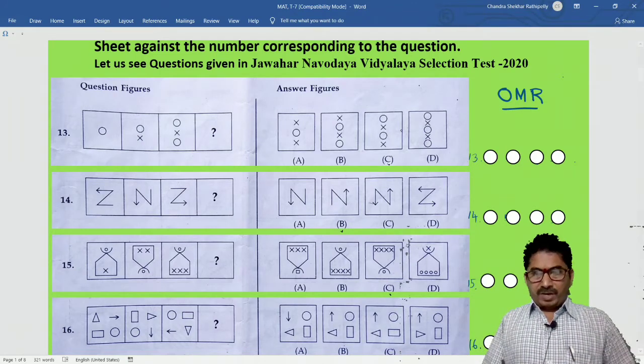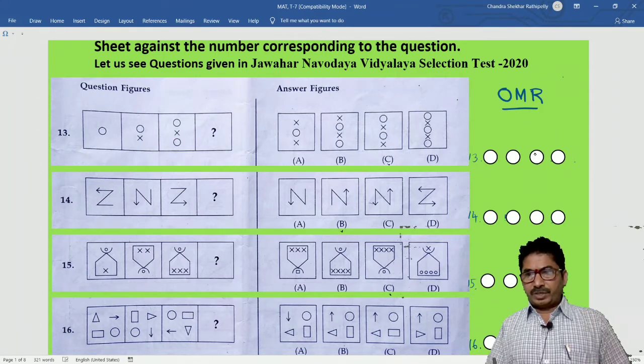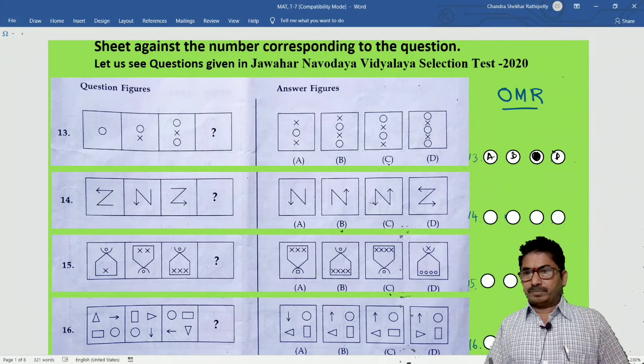So we have to bubble in the OMR sheet against question number 13, C. This is C, this is A, B, C, this is D. So we have to bubble this option C.